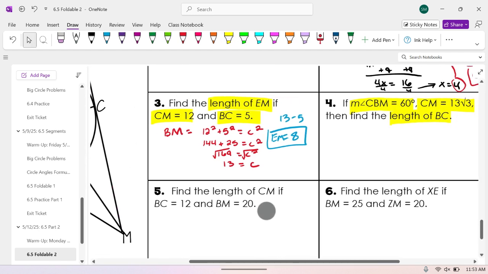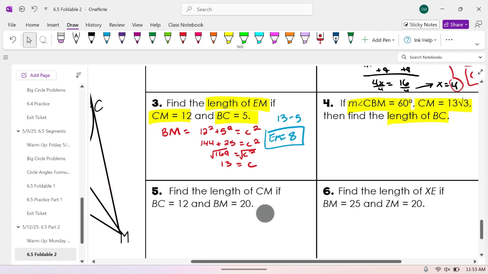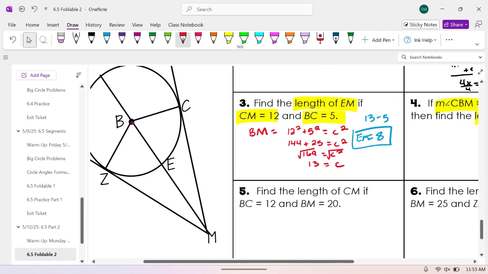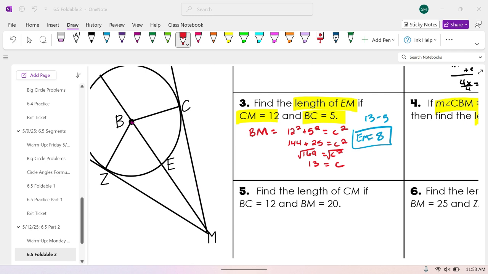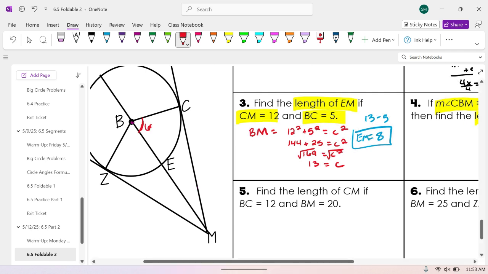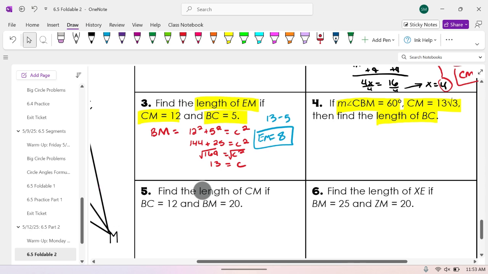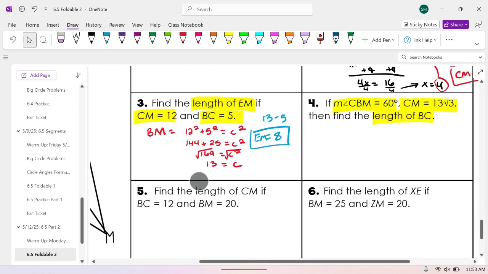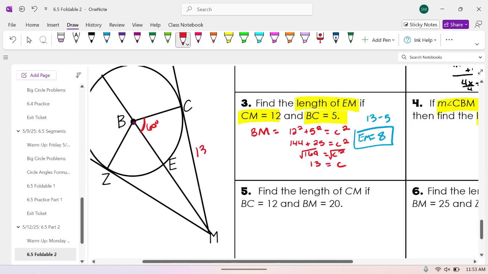Now, CBM is 60 degrees. So CBM, which is this angle right here, 60 degrees. CM is 13 square root 3. They want to know what BC is. Okay, so we talked briefly about this last week.